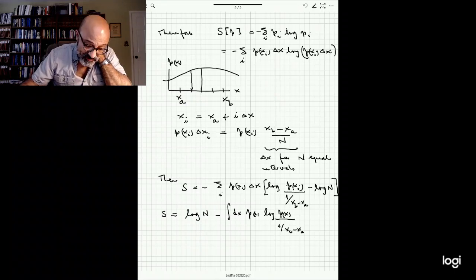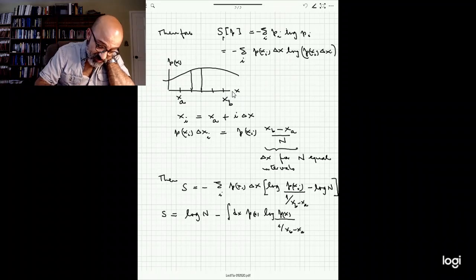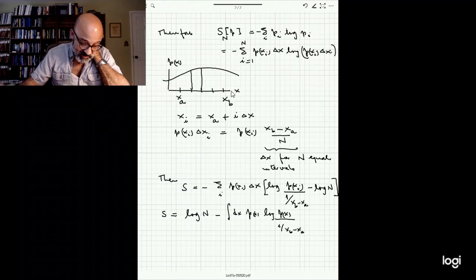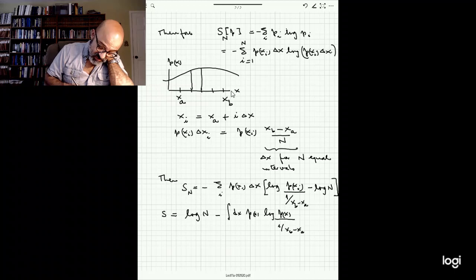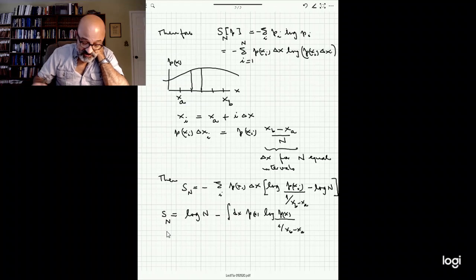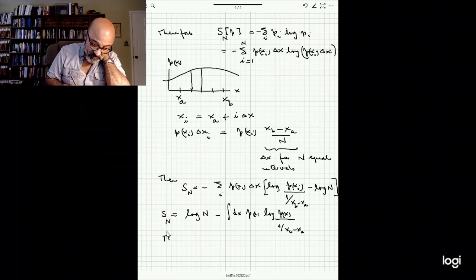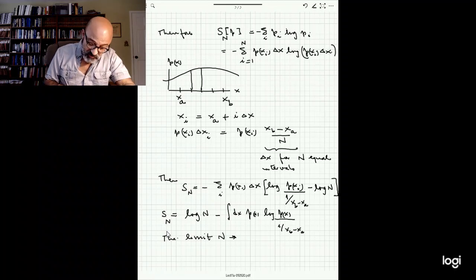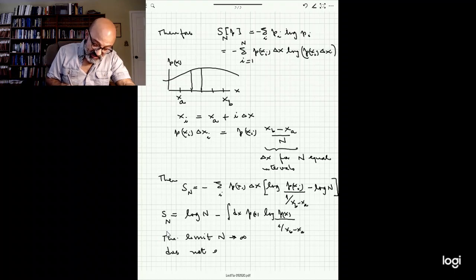This entropy, the one that we wrote up here, is the one in which we have discretized with n intervals. So let me write Sn, and let's be a little bit more explicit. If we have Sn, for large n, Sn looks like this. And so the problem is the limit n goes to infinity does not exist.